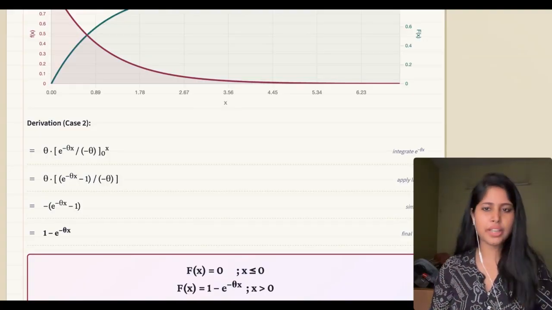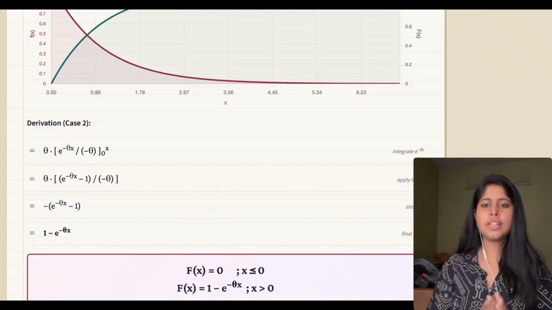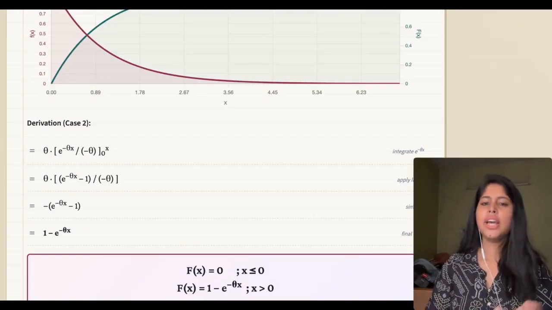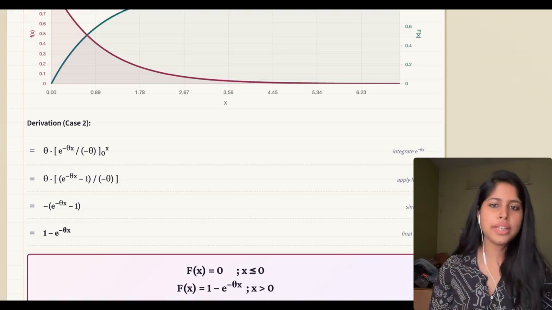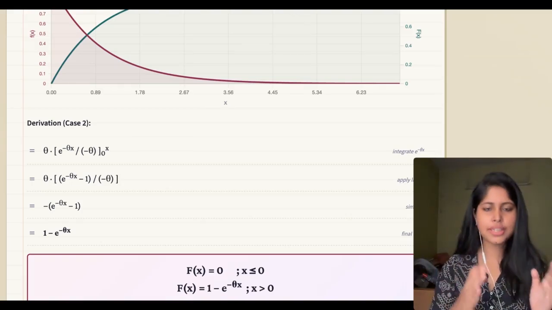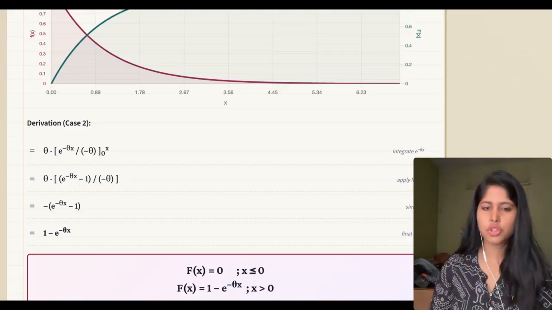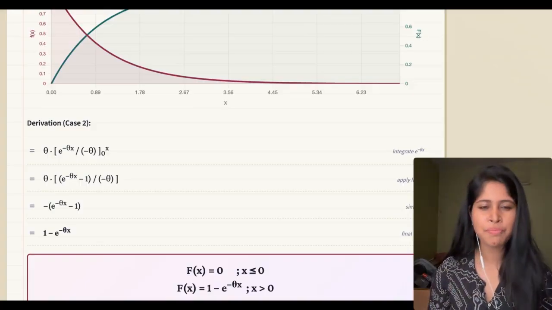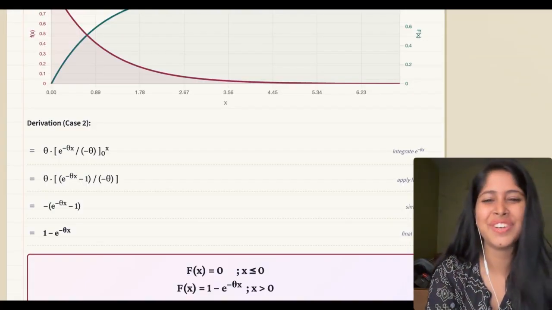Here we will split the integral into the integral from minus infinity to 0 of f(x) dx plus the integral from 0 to x of f(x) dx. The first part is 0, from case 1. Now we only need the integral from 0 to x of theta e to the power minus theta x. Now here I have shown the derivation, but I will write it again in my journal and explain it better, like what is happening in that derivation, or else you will feel scared, I know.